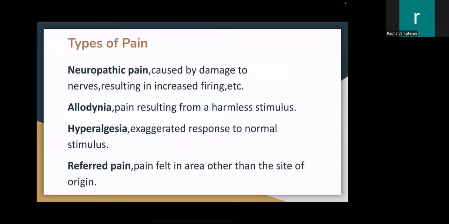Next comes the important one, neuropathic pain, which is caused by damage to the nerves resulting in increased firing. Here, I will just try to explain a little bit more. See, actual nerve damage per se, when they have some big crush injury or incisional injury, those types of things, the nerve per se can be damaged. That is one type.